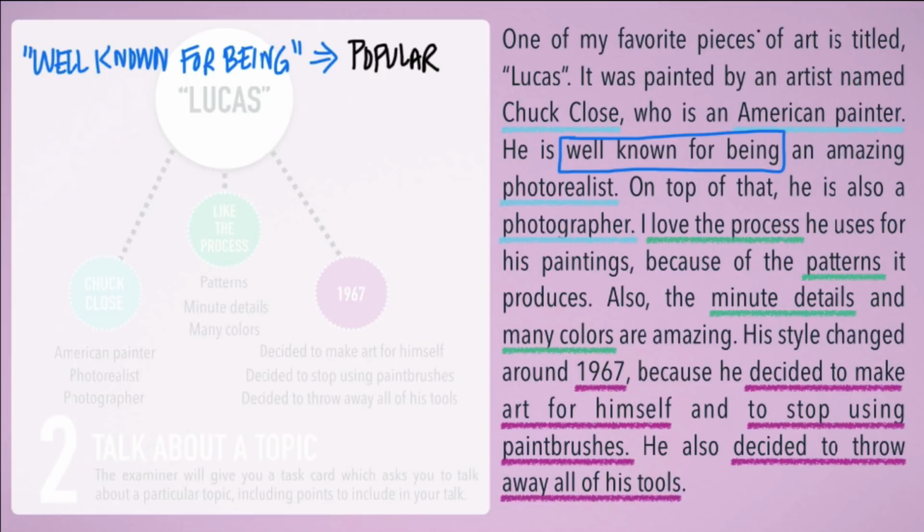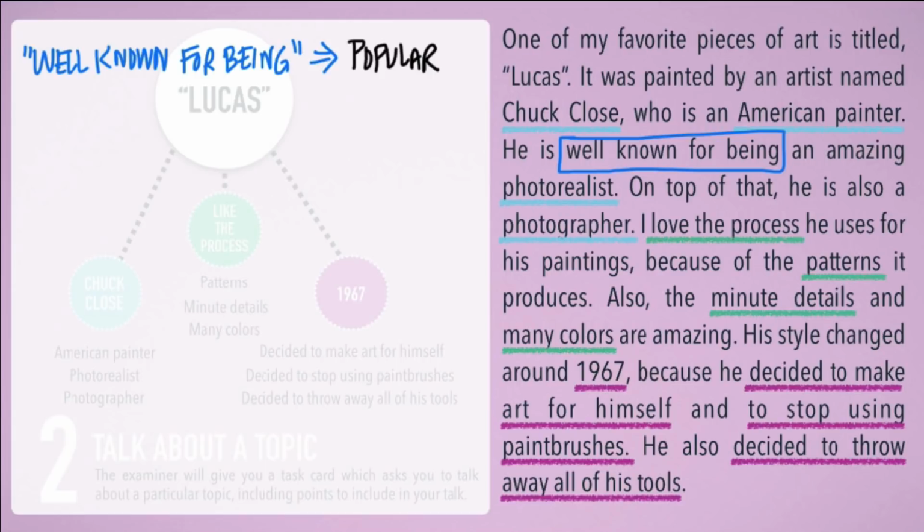For example, let's think of a famous actor in a movie in America. So let's say Brad Pitt. Now many people in the world know who Brad Pitt is. He's very popular. So I can say Brad Pitt is well known for being a great actor. So what happened?